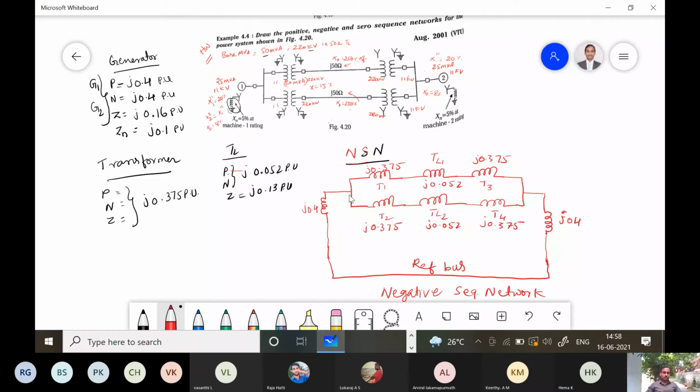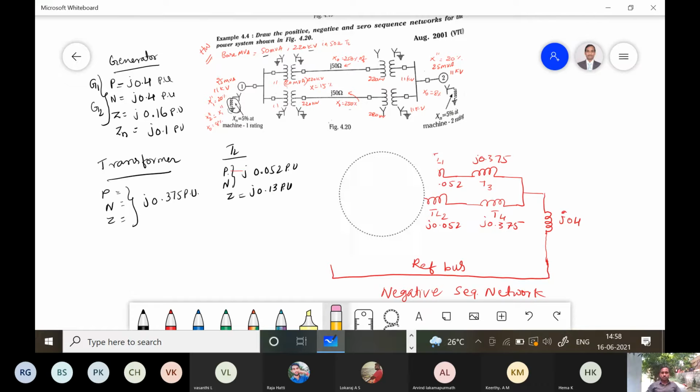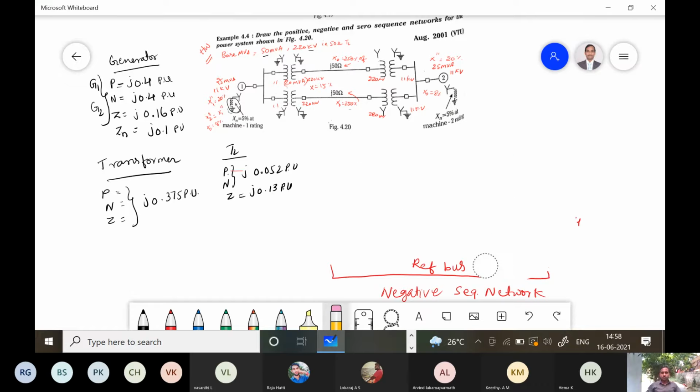Now we will draw the zero sequence network.